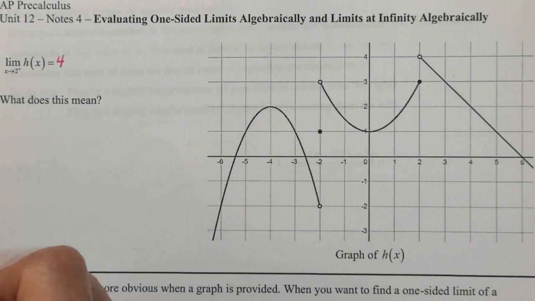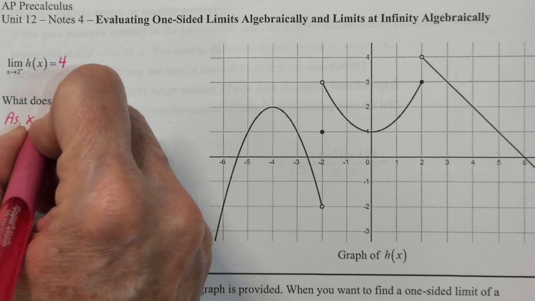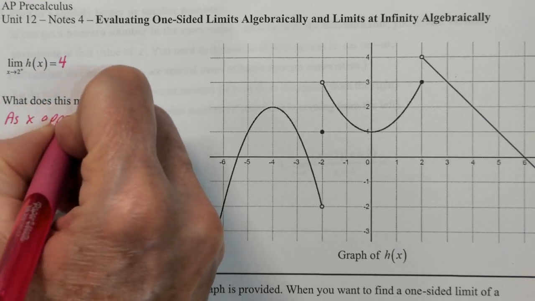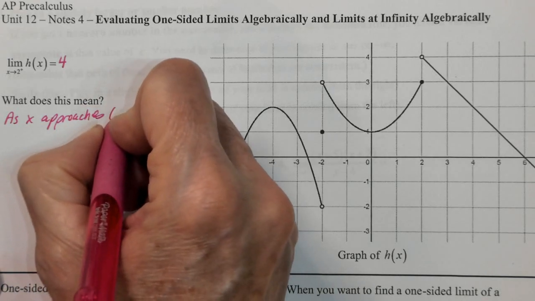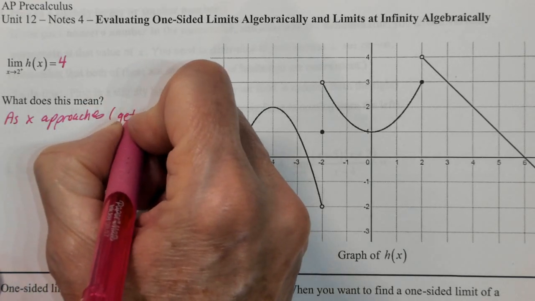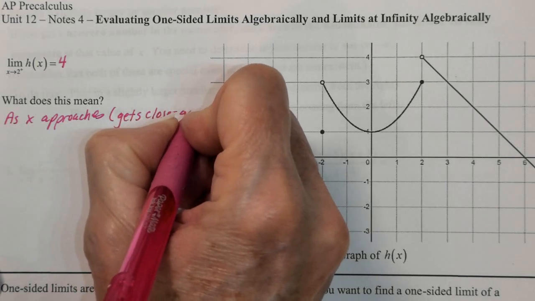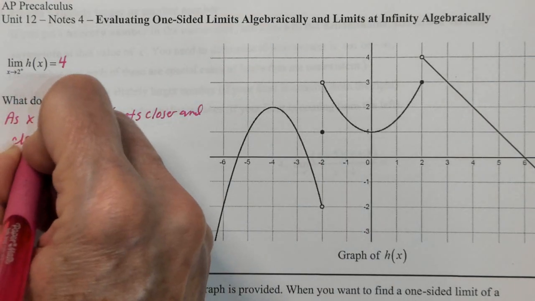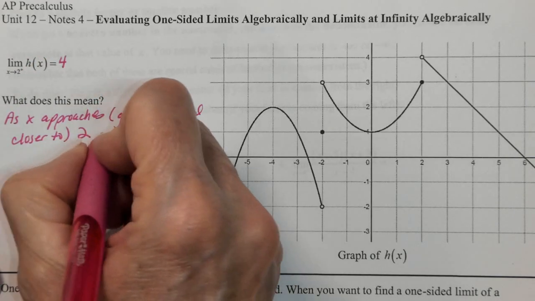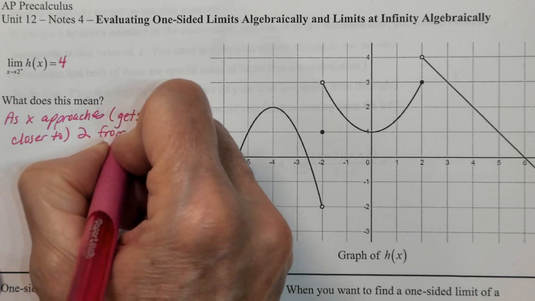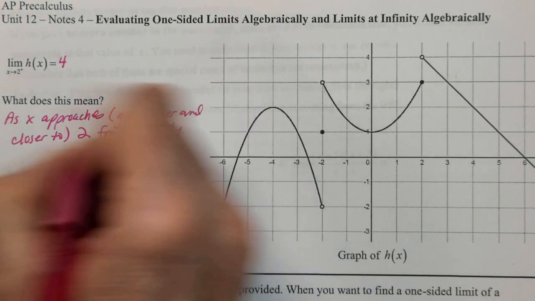What does that mean? That means as x approaches, and by approaches, that means we're getting very, very close to the value of 2 from slightly above 2, higher than 2.